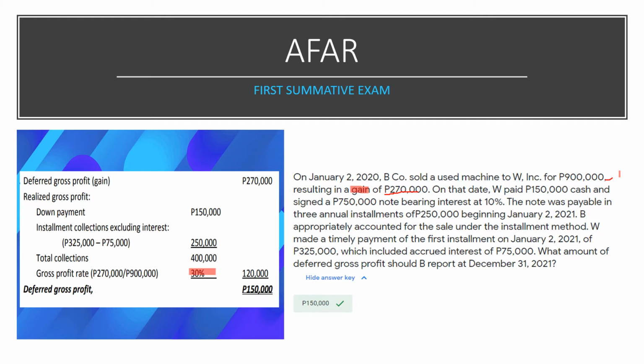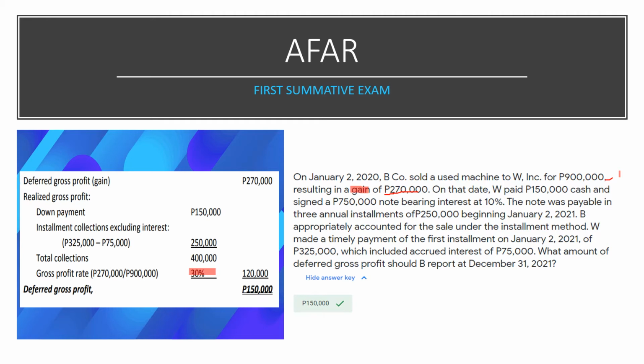So, kung ano yung nag-gain na realize na natin dyan, ibabawas natin dito sa 270,000. So, therefore, yung remaining, yung tinatanong dito. Okay? So, we have our deferred gross profit of 270,000. Ibawas lang natin si realized gross profit.